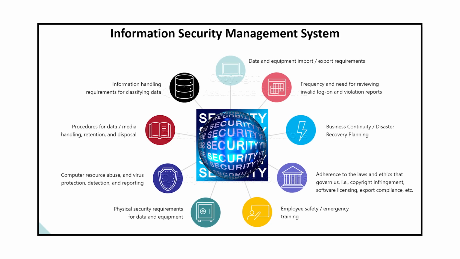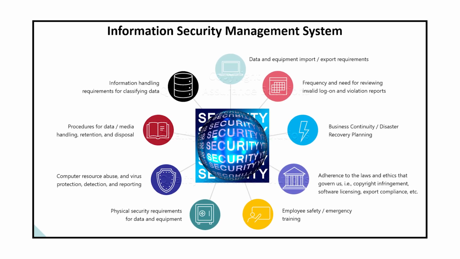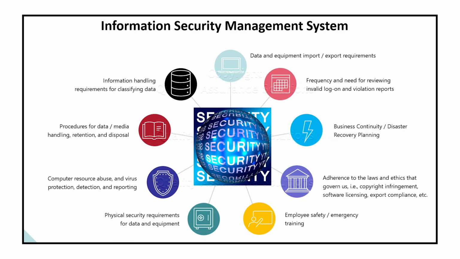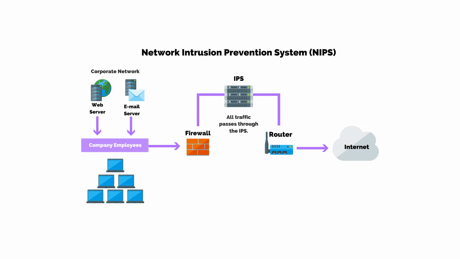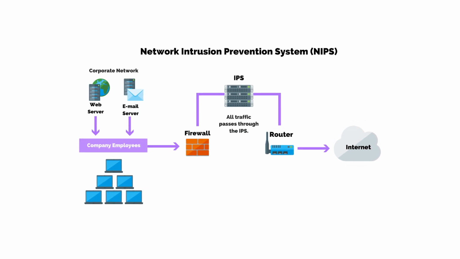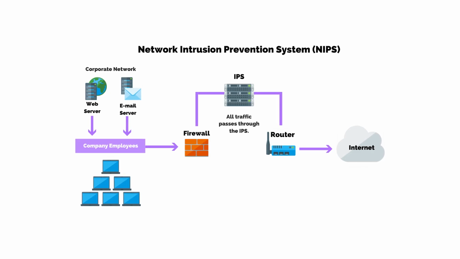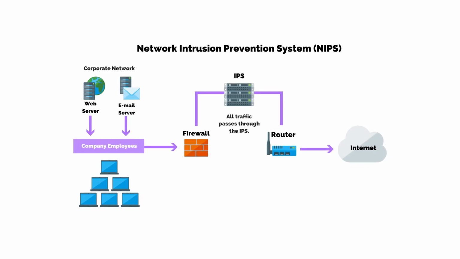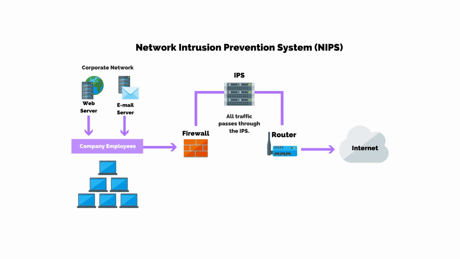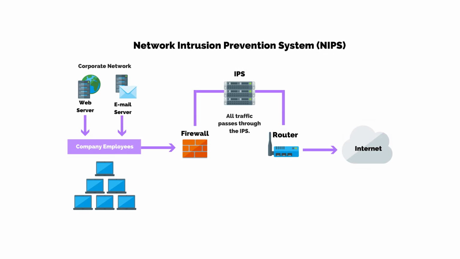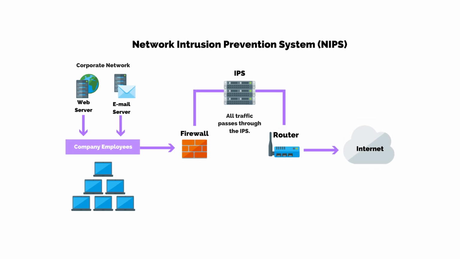For instance, a security information management system, or SIM, running on hosts is an IDS. A network intrusion prevention system, or NIPS, is a type of NIDS that blocks threats to a network. It is capable of taking autonomous actions to secure it, such as shutting down a network service under attack or disconnecting a suspicious network connection.